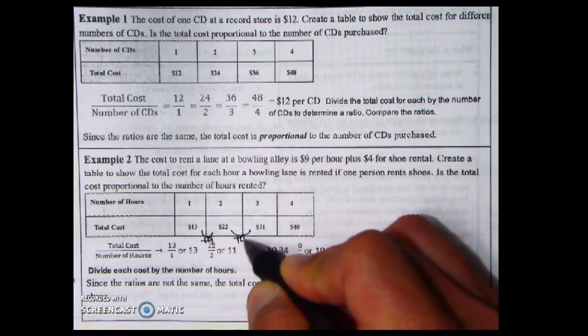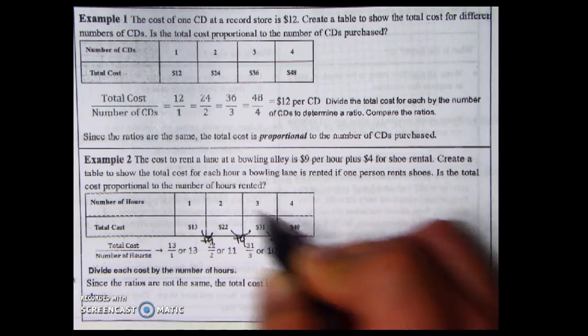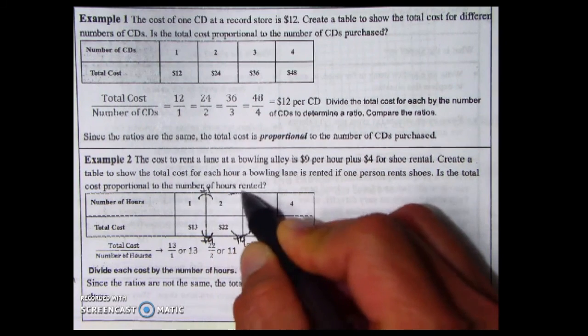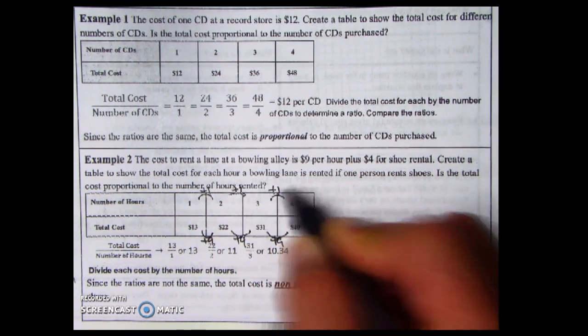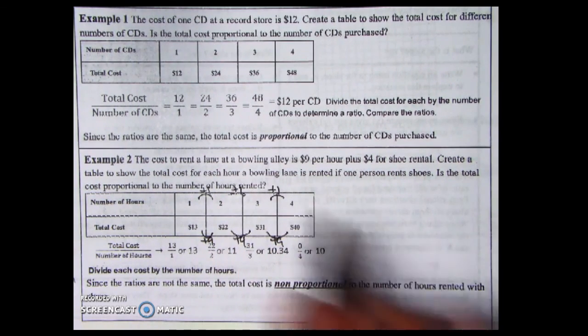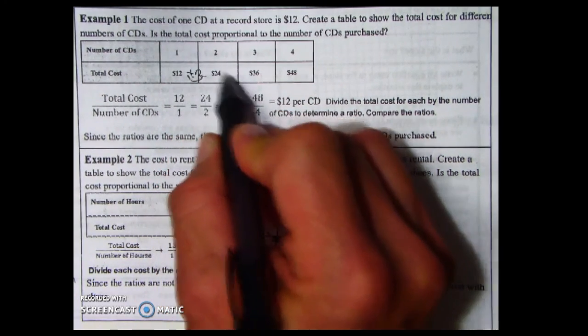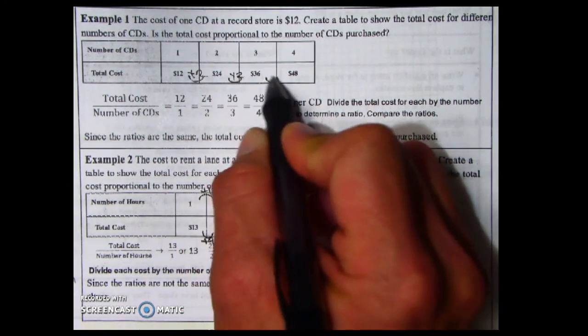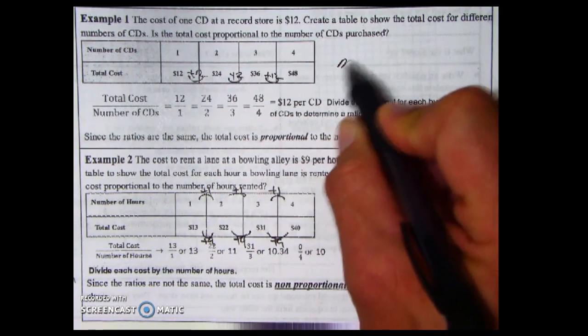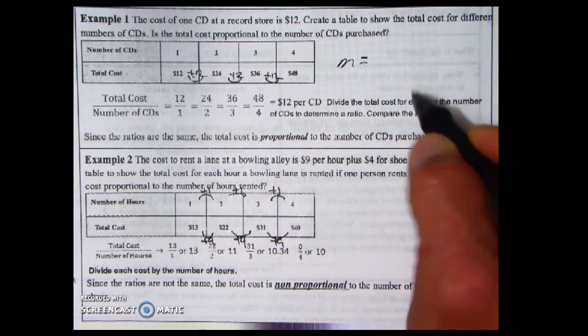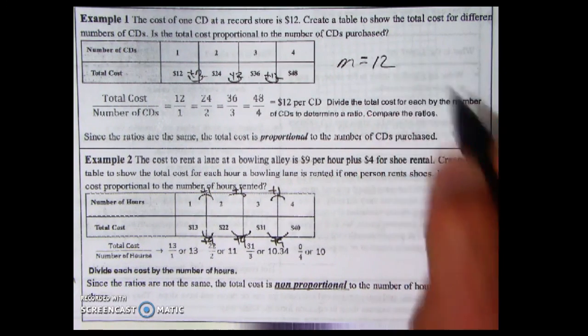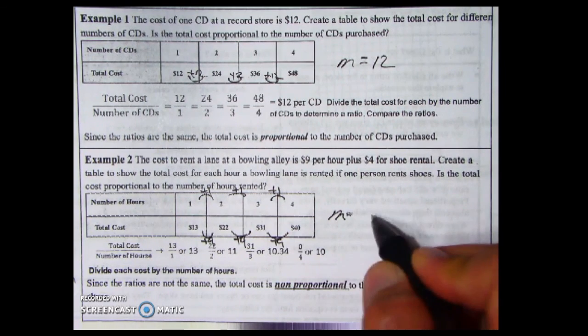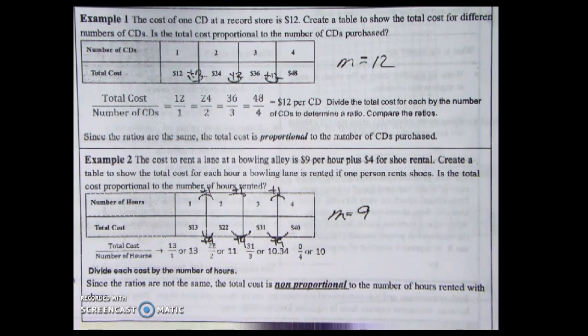And here, doesn't it go up by 9? And up by 9, and then there's 1 and 1 and 1. Up here, wasn't it plus 12, plus 12? What's the slope up here? 12. What's the slope here? They both have slope, right? Okay.